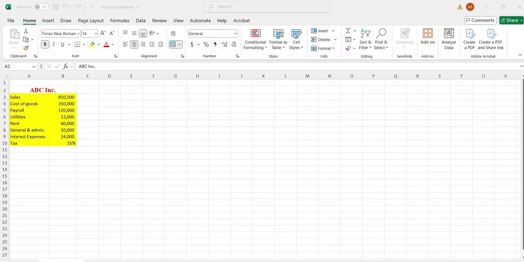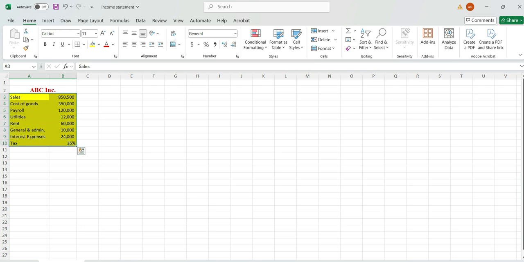So let us look at a real example of how we can prepare an income statement using a sample of accounts that we populated here. As you can see in these yellow highlighted cells, we have some recorded examples for this ABC Incorporated business. We have accounts for sales, cost of goods sold, payroll, utilities, rent, and general administration, which are regular expenses.